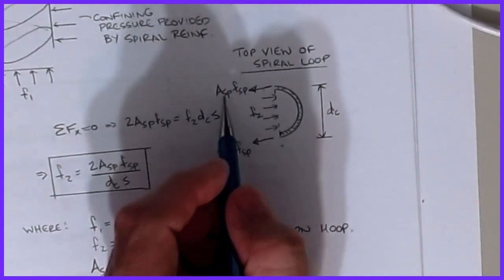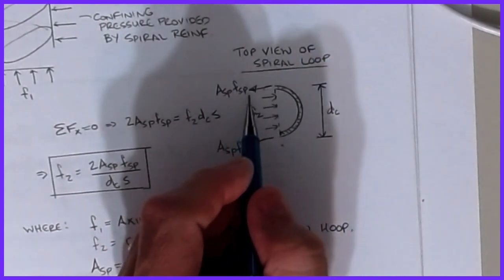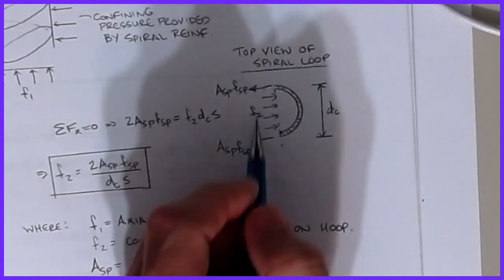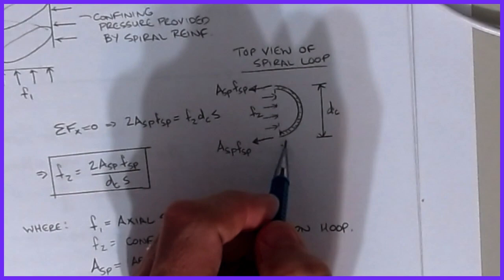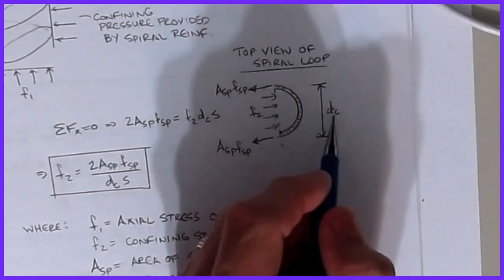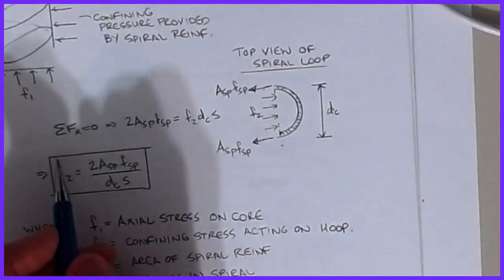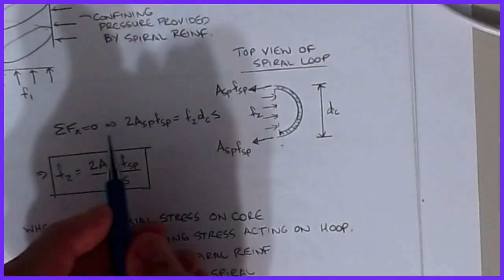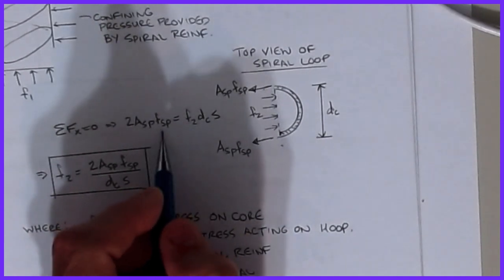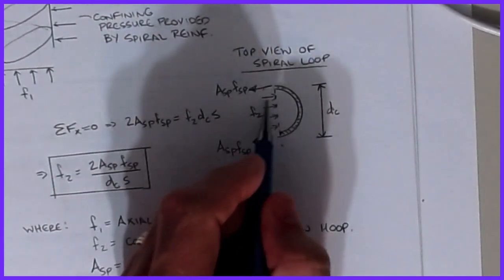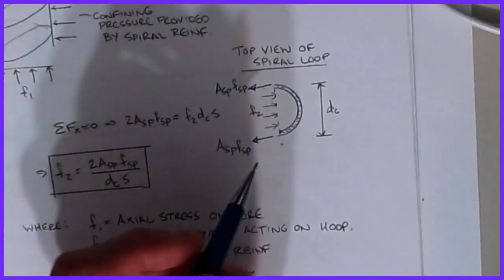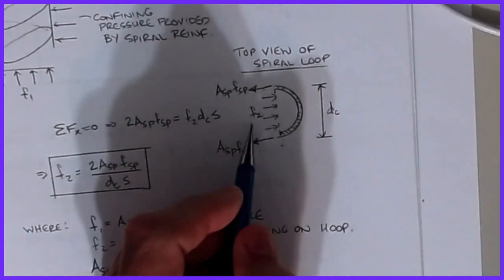We take ASP times FSP, the area of the spiral multiplied by the stress in the spiral, and I have 2 of those because I cut the spiral in 2 places. The diameter from here to here is DC, the diameter of the core of my column. The sum of forces in X says 2 times ASP times FSP is equal to the projected area of F2 times DC times the spacing.